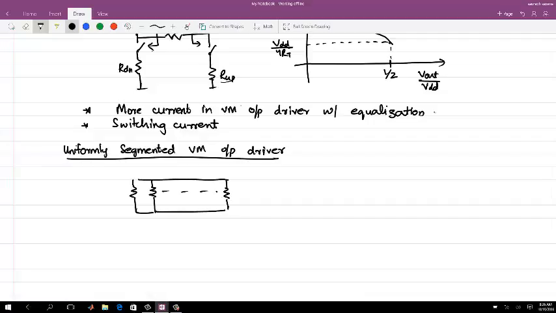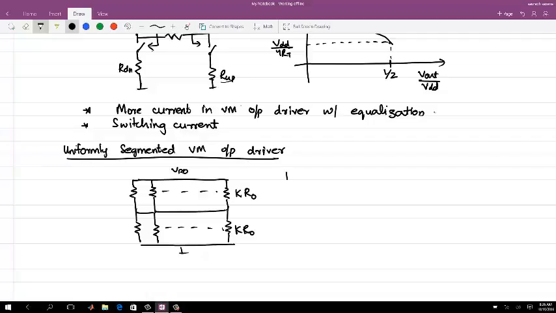Right now I'm not showing the switch, so just say you have a total of k segments, and just write it as k times R0 is each value. And similarly you will have at the down k times R0. So this is a single-ended version of one side of the output driver.